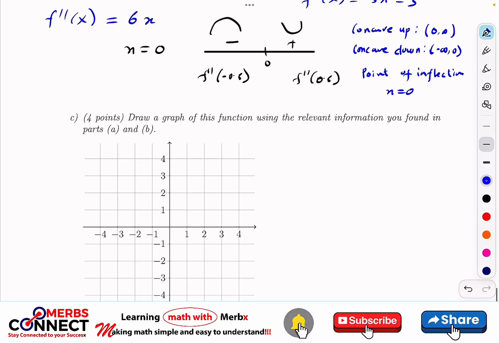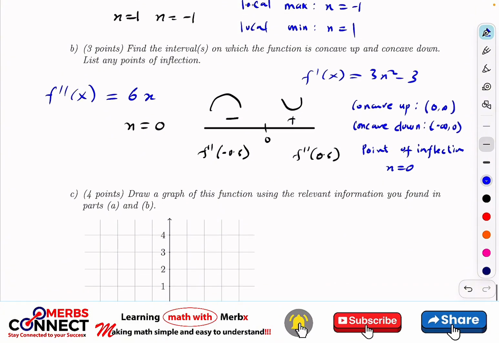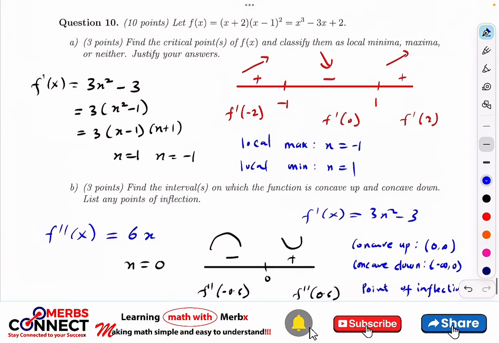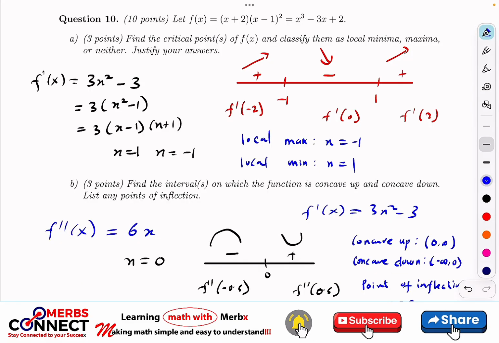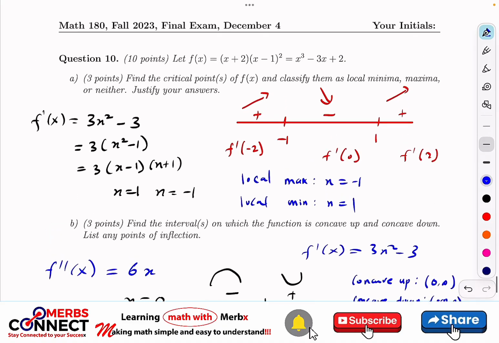Now let's try and sketch this. So we have our critical points, right? Minus 1 and 1. Let's try and plug them inside the function. So critical points inside the function, f of minus 1, f of 1, and let's use the point of inflection too, so that we can have exact values.